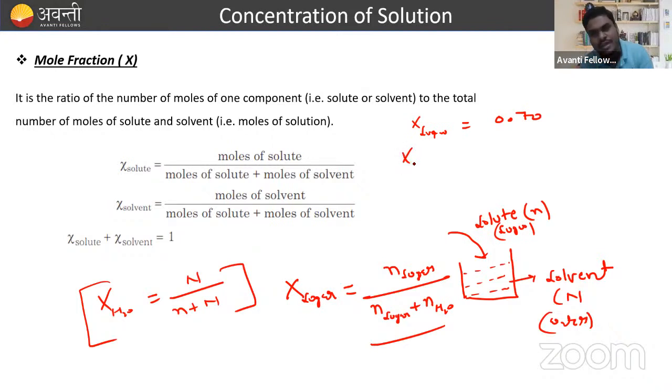Just calculate the mole fraction of water as 1 minus 0.70. It comes out to be 0.30, because the sum of the mole fractions is always equal to 1. Is it clear to everyone? Tell me quickly, is everything clear? You get the idea how to calculate the mole fraction?